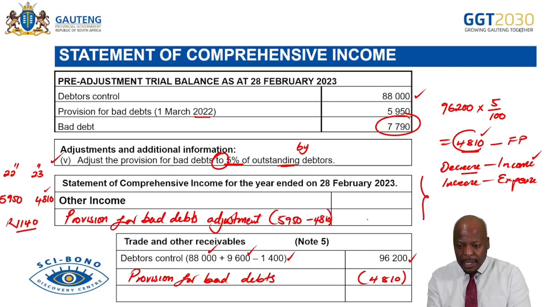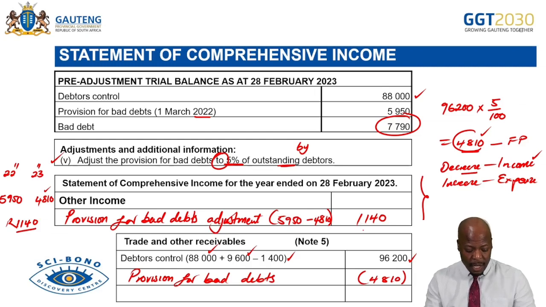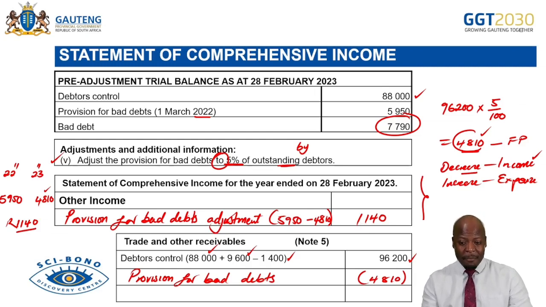Therefore, it has decreased by 1,140. That is considered income, the provision for bad debts adjustment. Okay, I think we have done this adjustment, and now we're going to move on to the following adjustment. Are we good? Okay, let's do that.